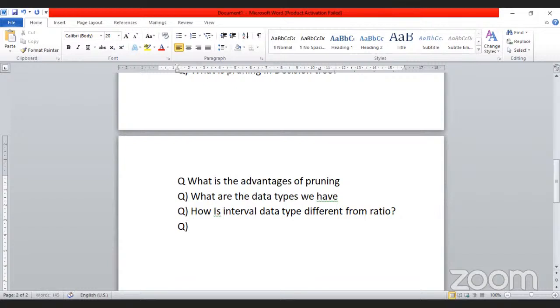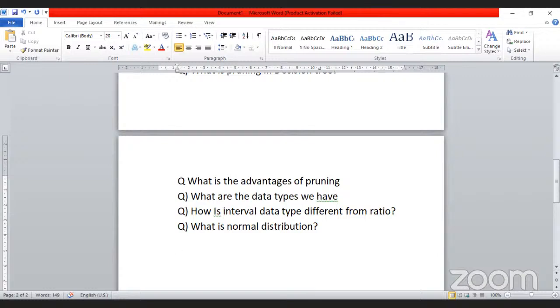Now the next most important question: what is normal distribution? Normal distribution is also called Gaussian distribution. The data have to be in the form of a bell curve.